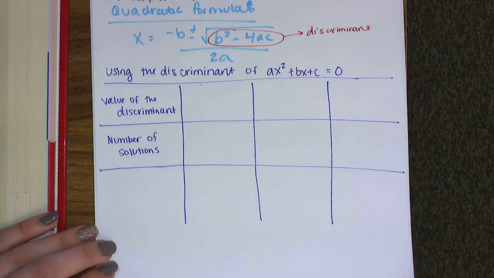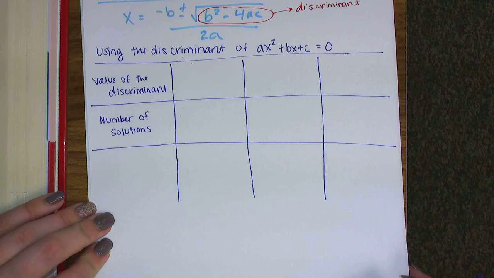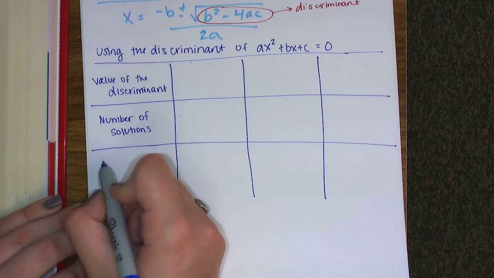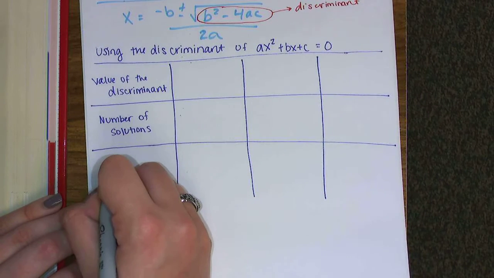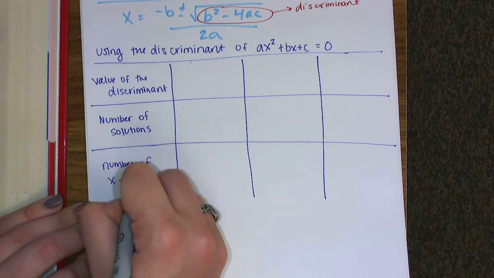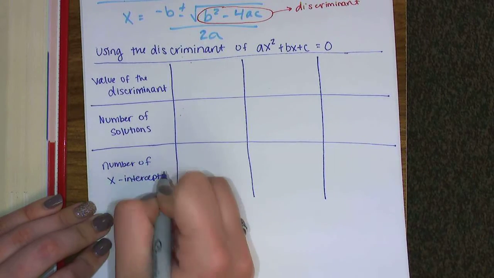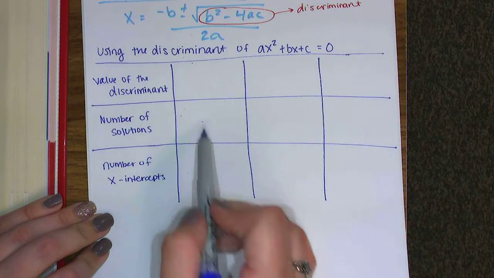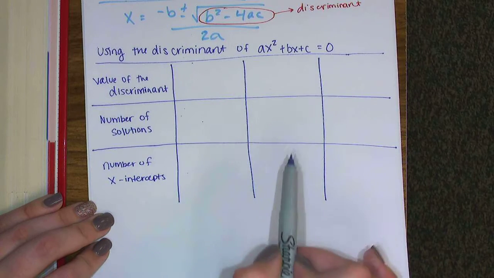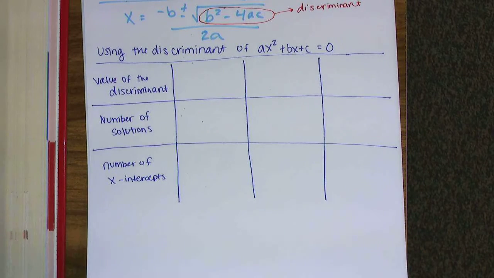And lastly, your book says the graph, we're not going to look at the graph, we're going to just say the number of x-intercepts. And I'll give you a little hint, these two numbers are going to be the same all the way down. This one's going to match this one, this one's going to match this one, and this one's going to match this one.